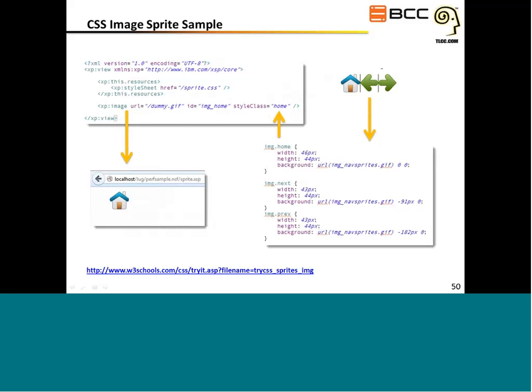When you load your XPage in the browser, it will just present a subset of this sprite image. So only one image is loaded and it is kept in cache and only accessed by switching the CSS in your HTML code.